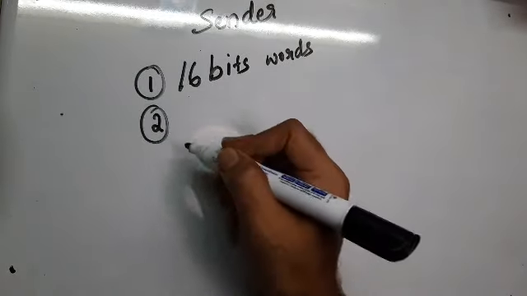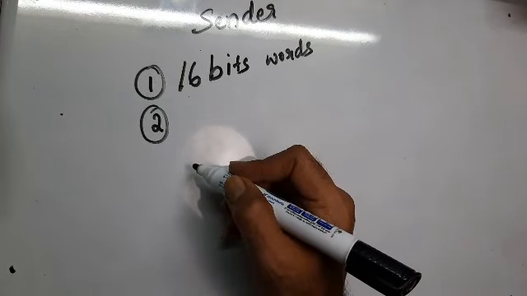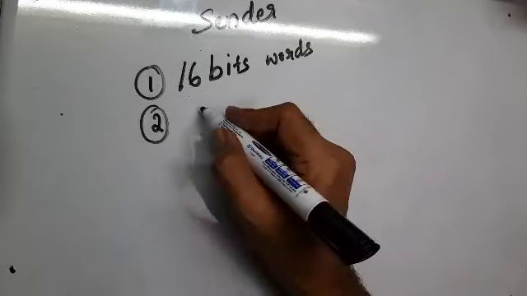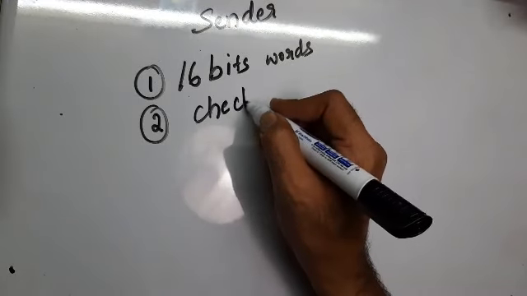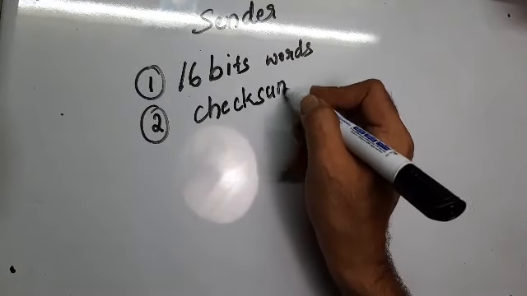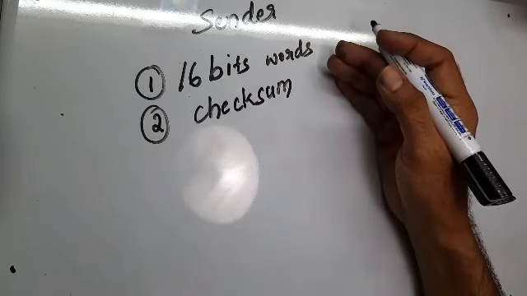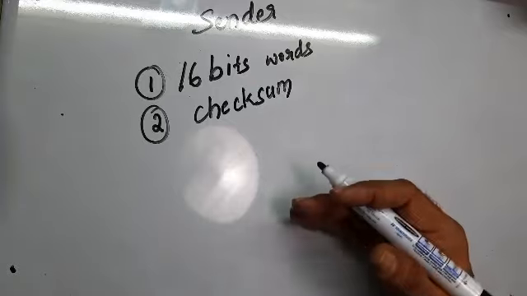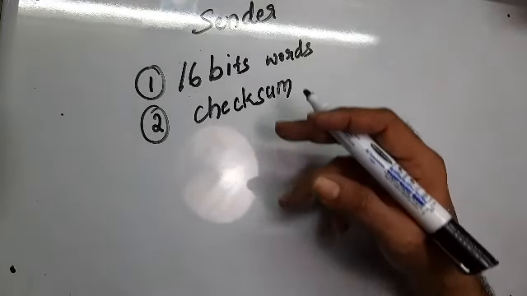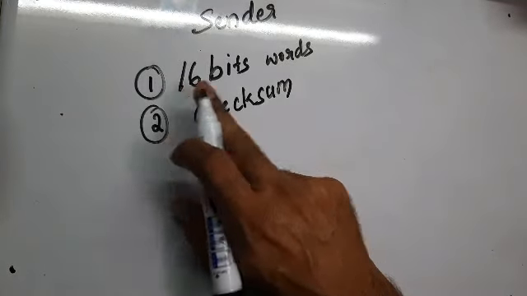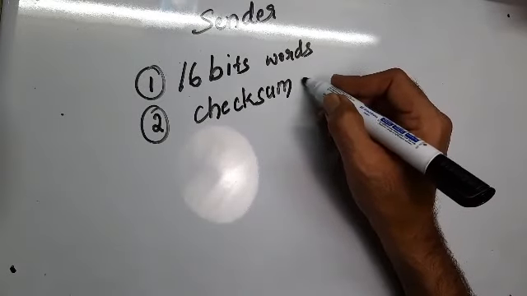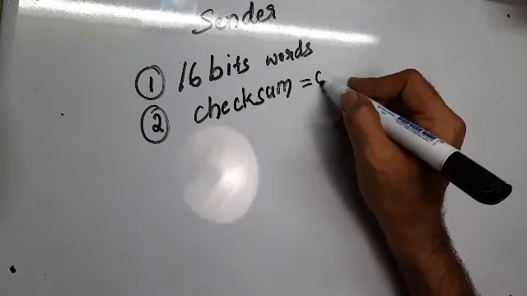Second step, the value of the checksum is initially set to 0, like what we have seen in the previous example. The same steps we used in the previous example will be listed over here, considering 16-bit words. So checksum initially is 0.